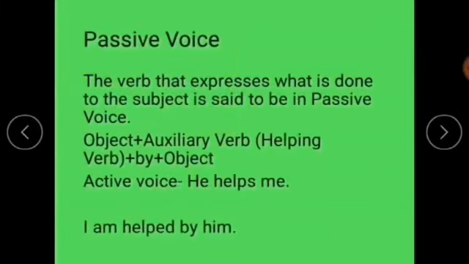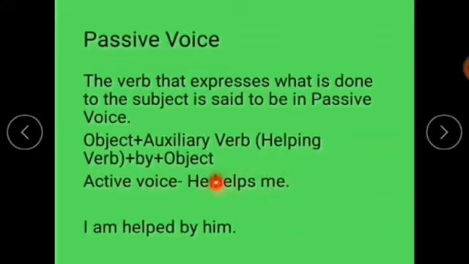In passive voice, action is performed on the object by the subject. Its structure: object, auxiliary verb (auxiliary verbs are also called helping verbs), main verb, by, then subject. You can see one example of active voice here. He helps me.